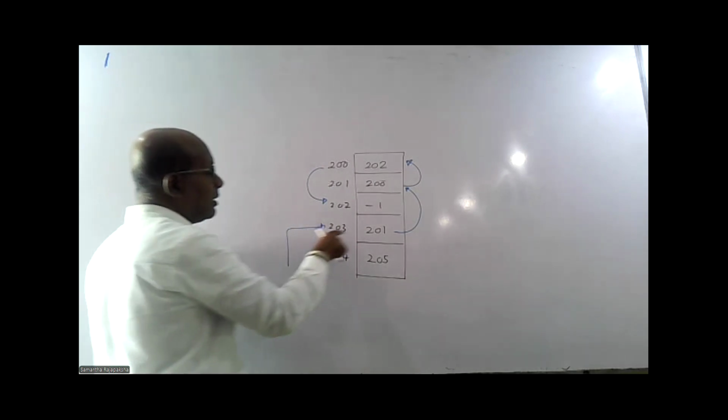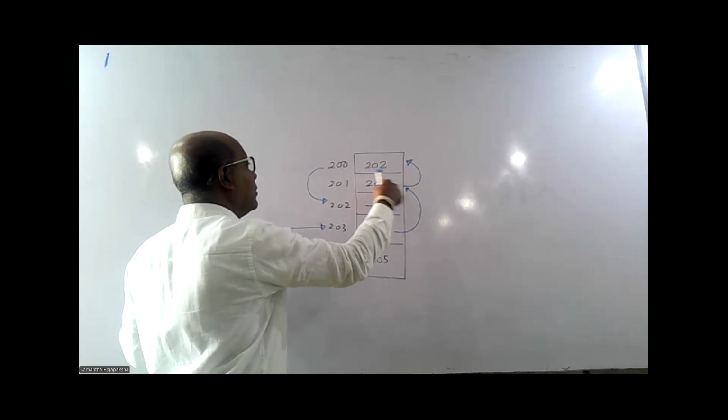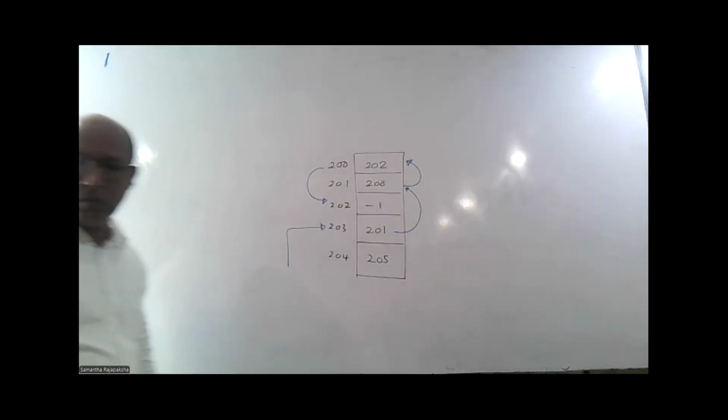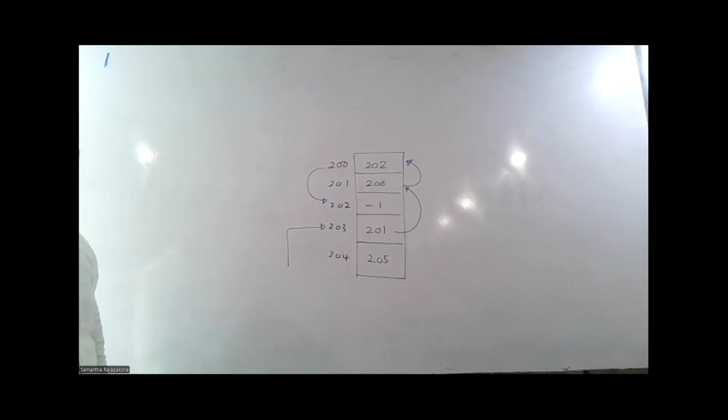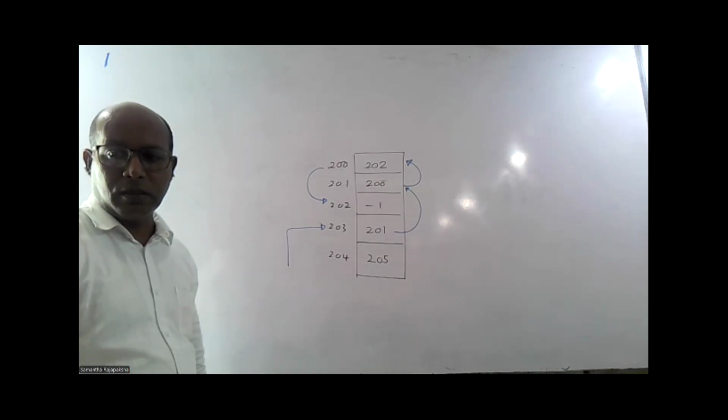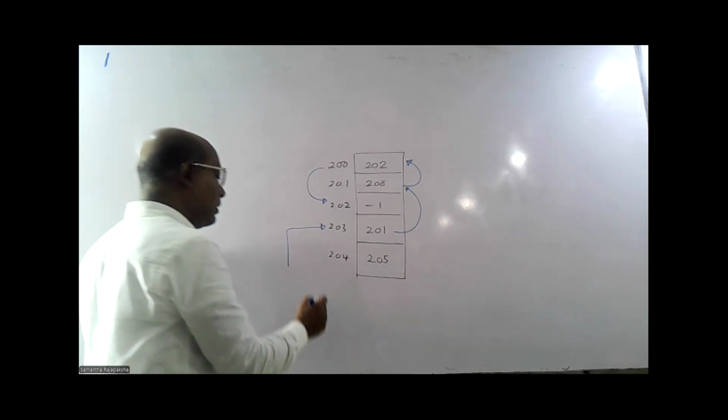Starting 203, then go to 201, 200 and 202. So the starting is 203. Is it correct? Yes, sir. Starting now. Then how many blocks?